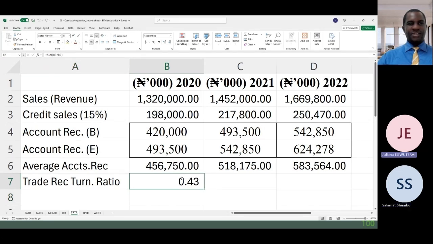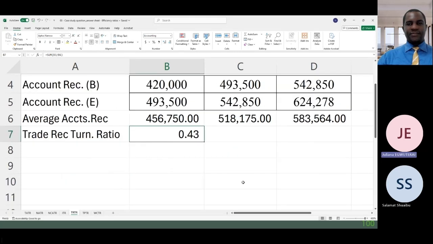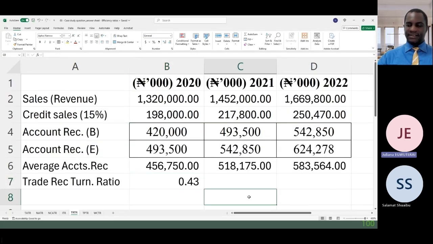Yeah, so I knew this result was going to be bad. So what did you get? Give me for 2021, 2022. 0.42 and 0.43. Salman, is that what you have too?